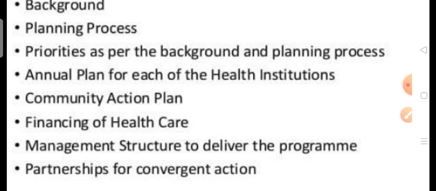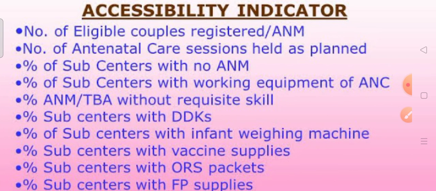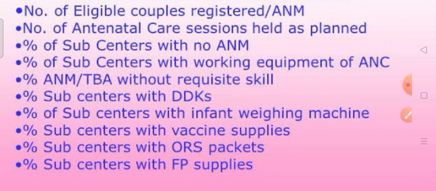Next, accessibility indicators: number of eligible couples registered, number of annual case sessions held as planned, percentage of subcenters with no ANM, percentage of subcenters with working equipment for antenatal care, percentage of ANMs and trained birth attendants without requisite skill, subcenters with disposable delivery kits, infant weighing machine, vaccine supply, ORS, oral rehydration solution, and family planning supplies.